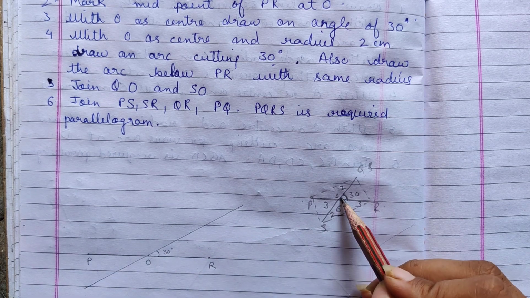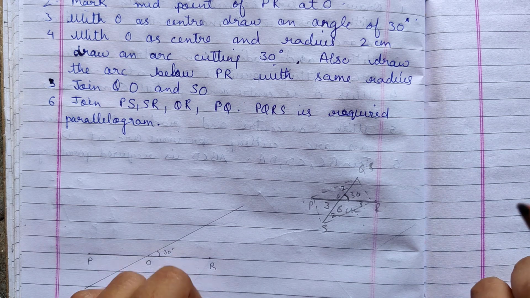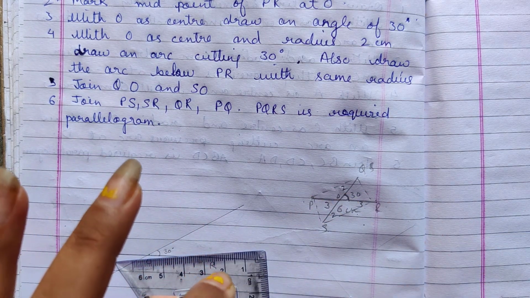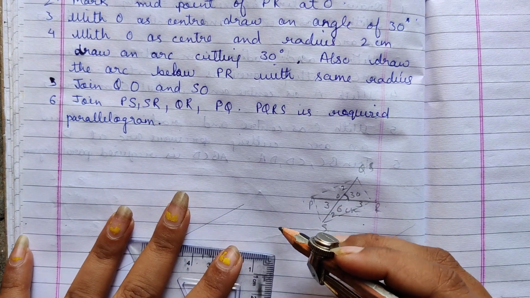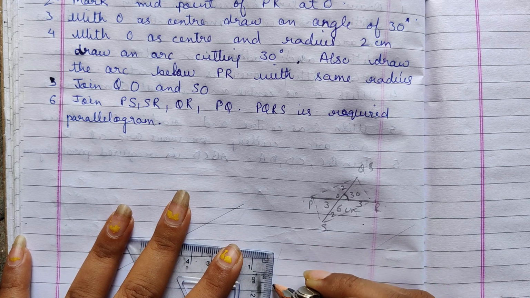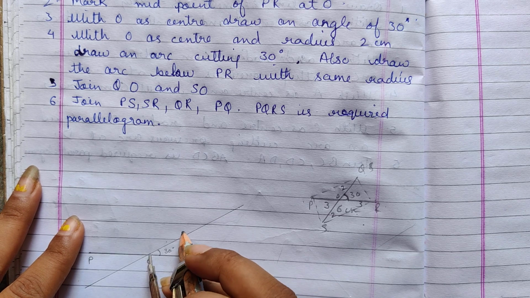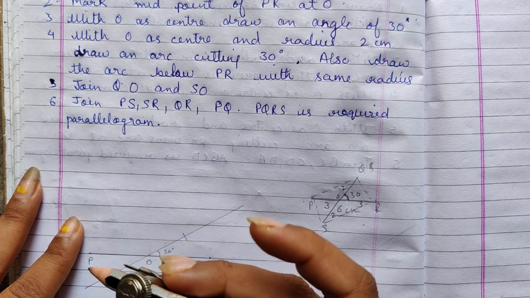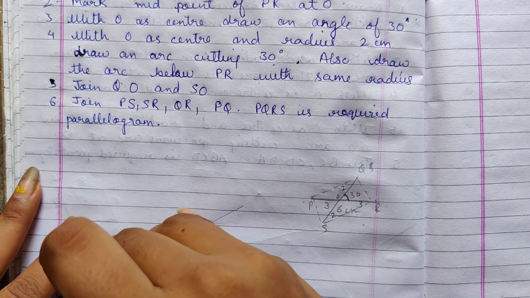Now the length of OQ was 2 centimeter. So take a radius of 2 centimeter. Keep it at O, mark an arc above, and with the same radius keep it at O and mark it below also.